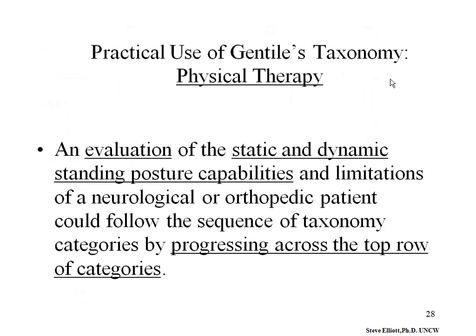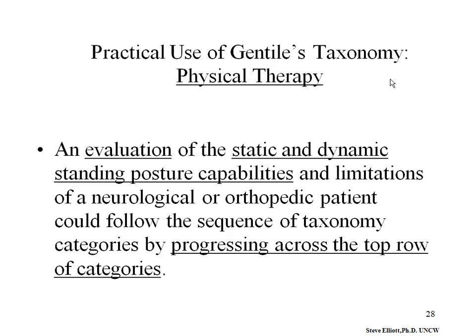So there's lots of practical uses of Gentile's taxonomy. One from physical therapy is provided on this slide. So maybe you want to evaluate the static and dynamic standing capabilities of your patient, and then use the taxonomy to create or evaluate their capabilities by progressing across the top row of categories.